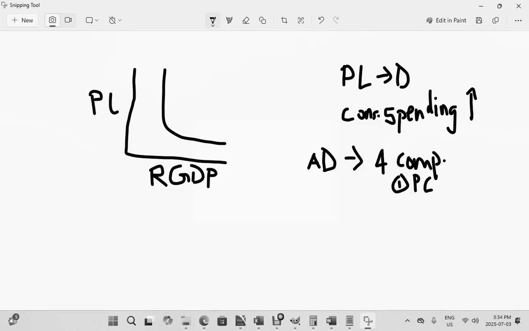If their spending goes up, then obviously the economy will expand, and the aggregate demand will go up.